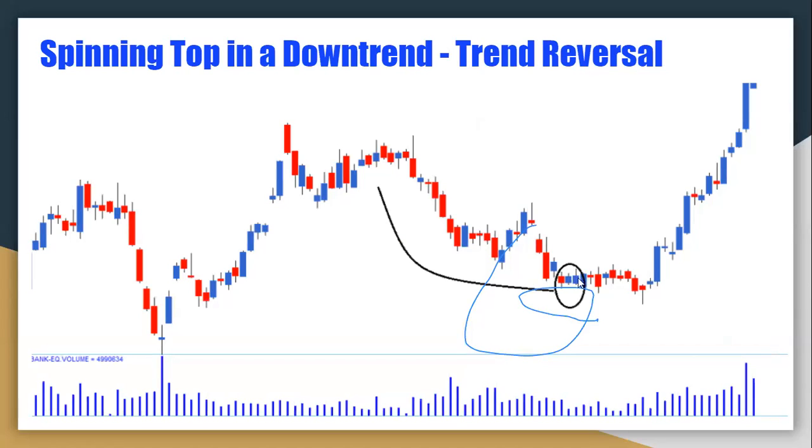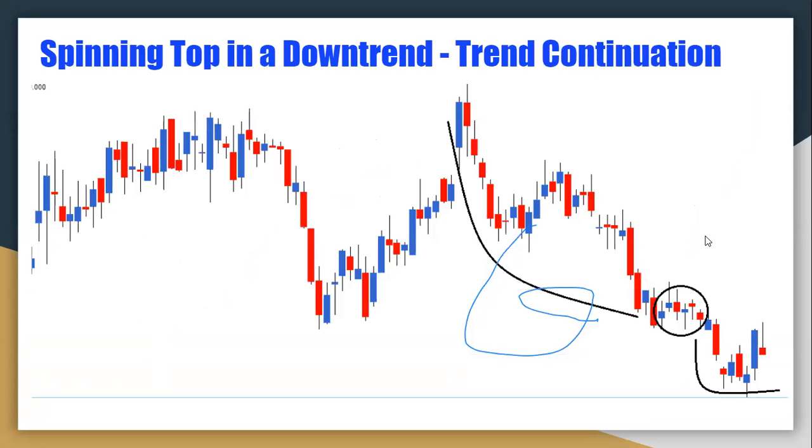In that case, bulls made a fresh entry and it was a trend reversal. In this case, bears are just consolidating their position. They are just taking a breather and then starting in the next gear, and the trend is continuing. You can clearly see the trend getting continued. So we saw that with a spinning top, both cases are possible.